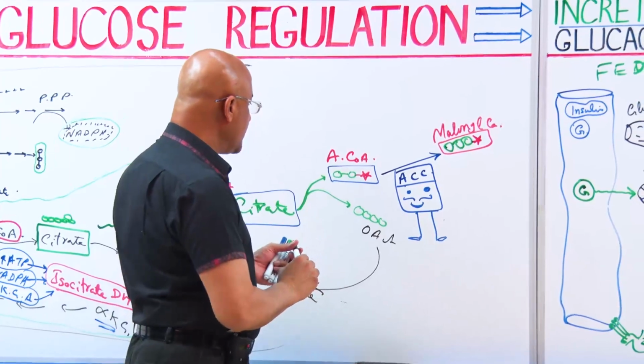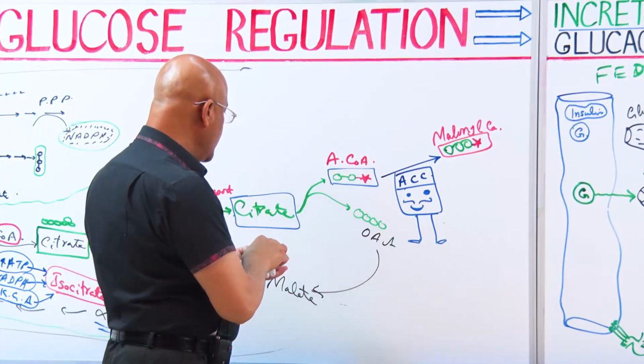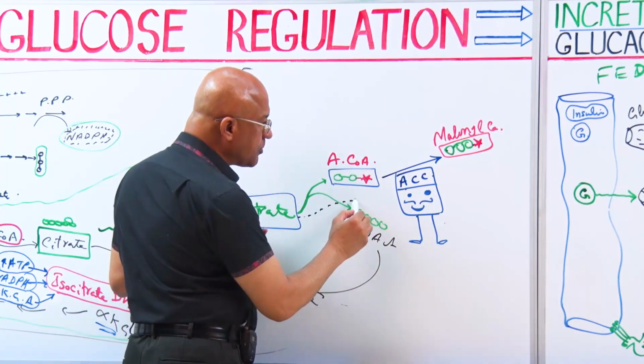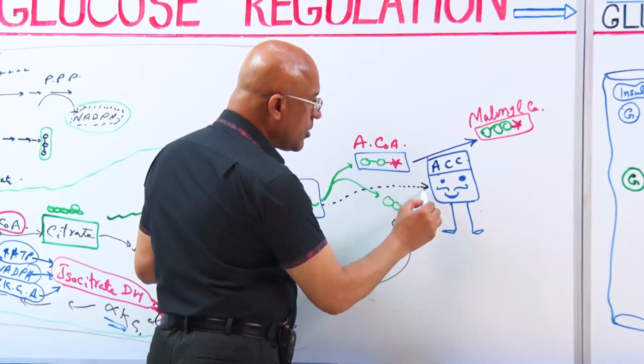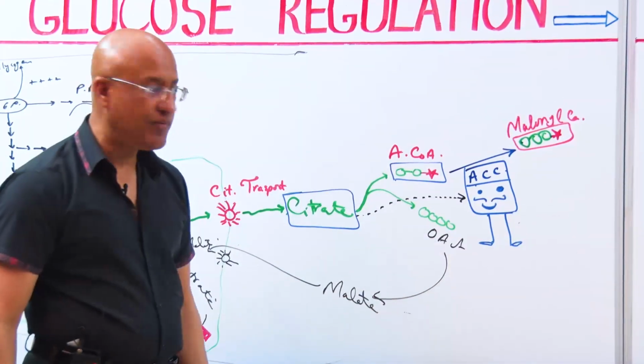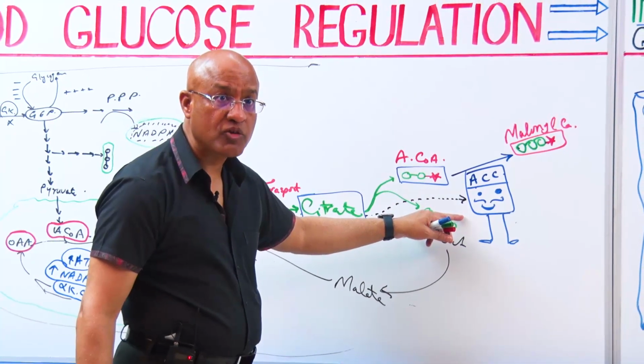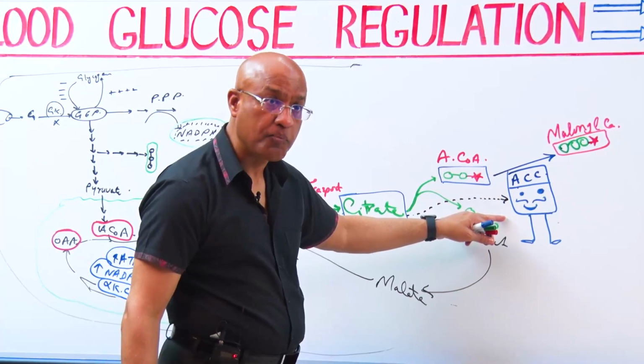Now, what are the regulators of this? Number one, citrate itself. More and more citrate appears in cytosol, more and more this enzyme is activated. This is an example of what kind of stimulation? Allosteric regulation, allosteric positive regulation.